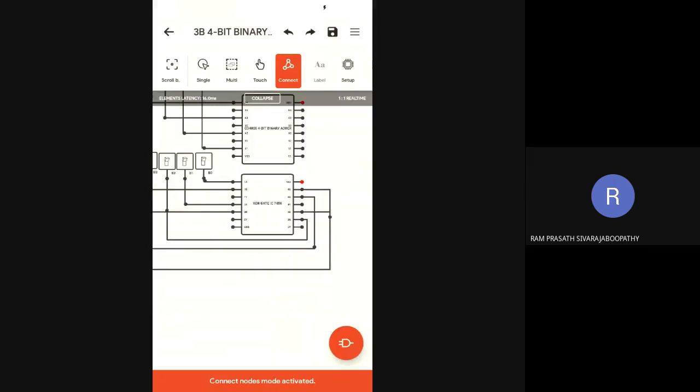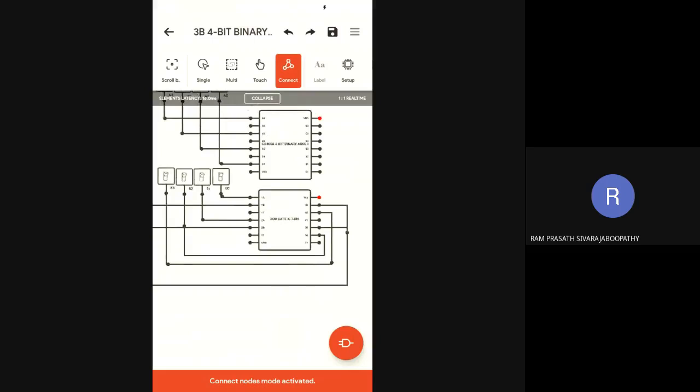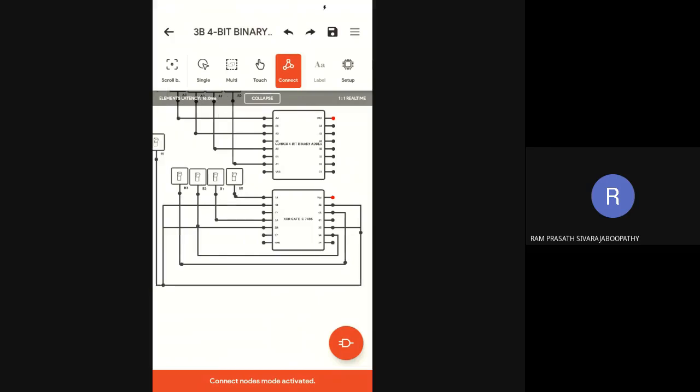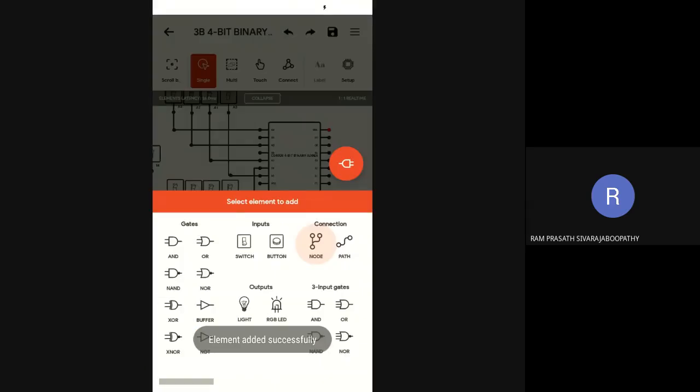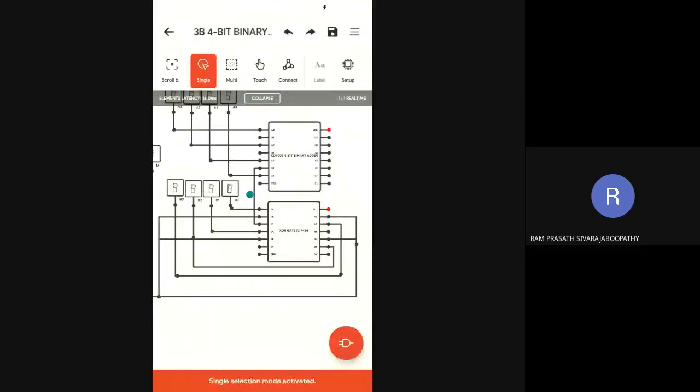So now the outputs 1Y, 2Y, 3Y, 4Y. Where am I going to give this? I'm giving it as the second input, 4-bit input. So from 1Y, I'm going to connect it to V1. Fine. Then I'm going to use one node. So from here, I'm going to connect 2Y.